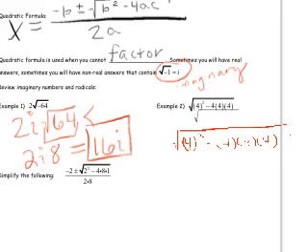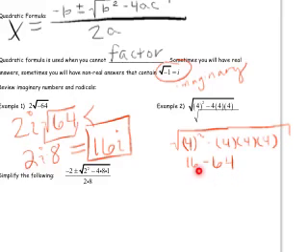So 4 squared is 16. 4 times 4 is 16 times another 4 is 64. So 16 minus 64. This is the real reason why you have your calculator out, because 16 minus 64 can be hard to subtract.